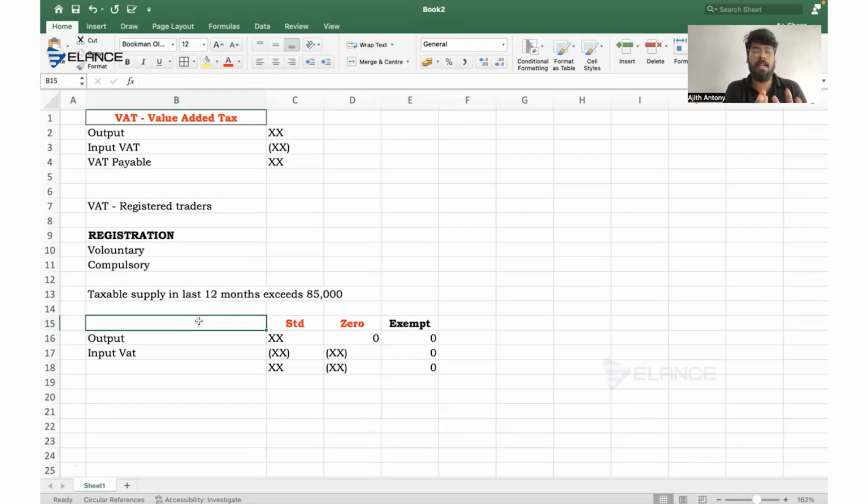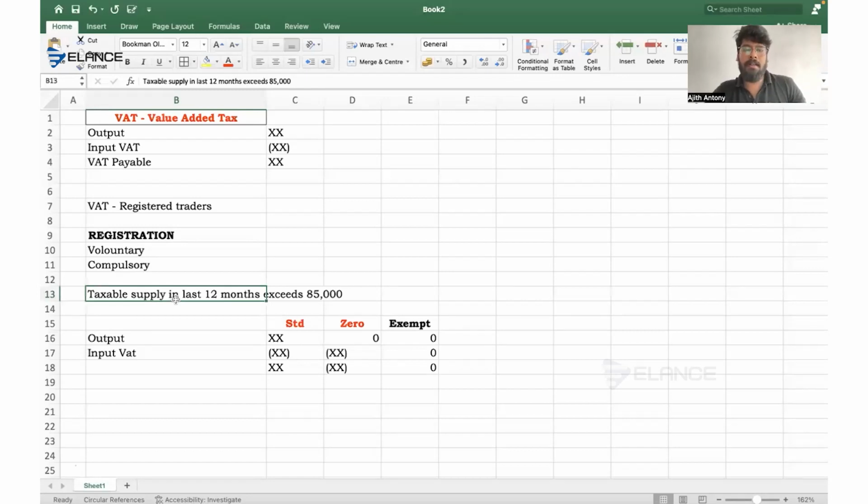So that is the condition for compulsory registration. Only VAT registered traders need to pay output VAT in the UK, and they can also reclaim the input VAT.